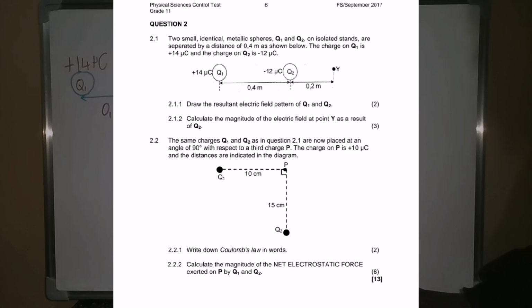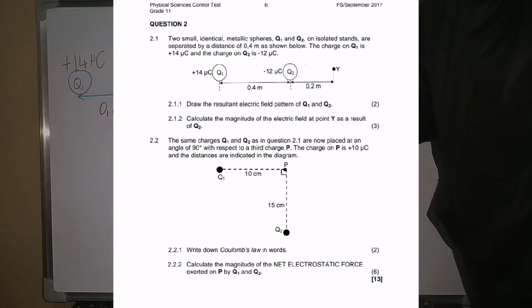Electrostatics. Question 2, 2017, September control test, Grade 11, Free State. Two small identical metallic spheres, Q1 and Q2, on isolated stands, are separated by a distance of 0.4 meter as shown.